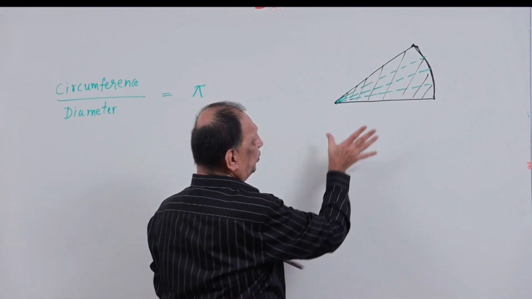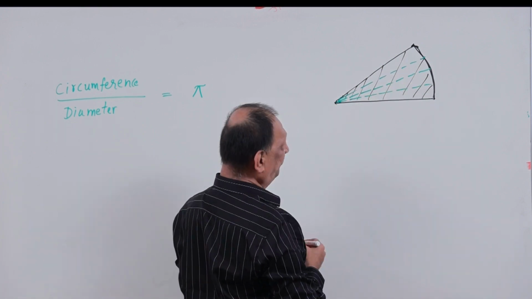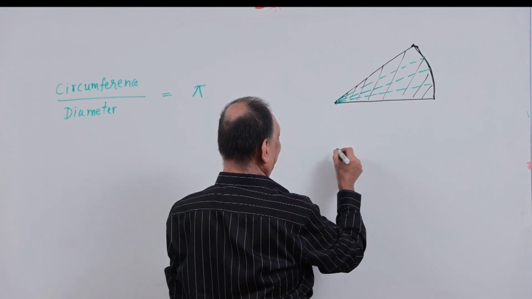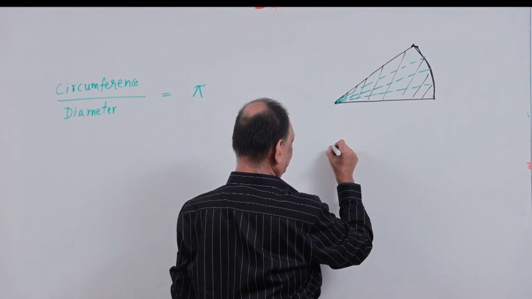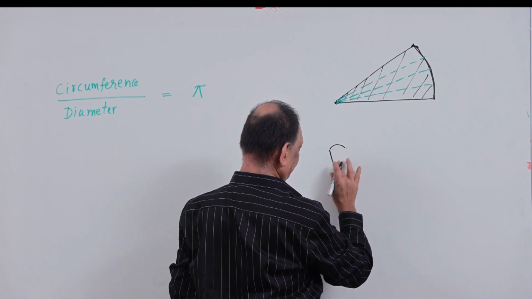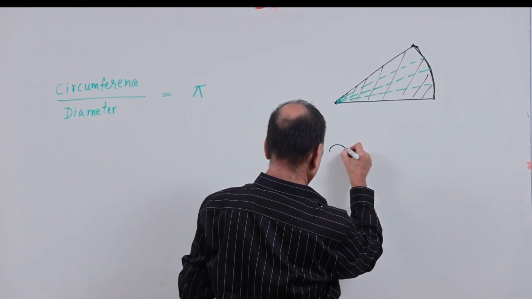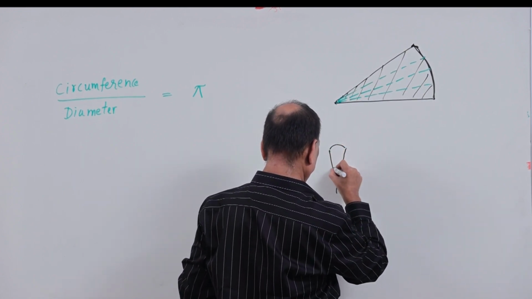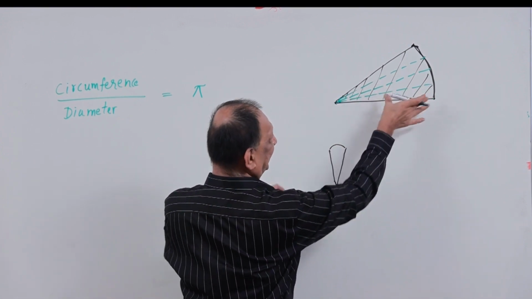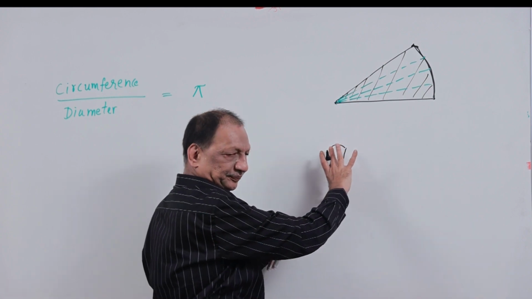So now what we do is, we take the first such sector and place it vertically. That means I've got the arc and the two sides. Same sector, I'm putting it like this.